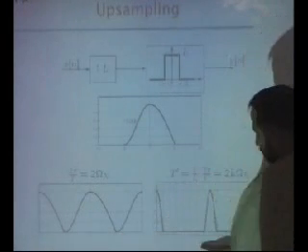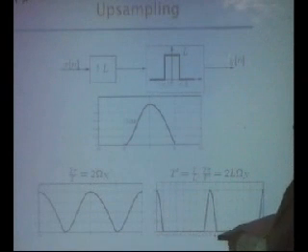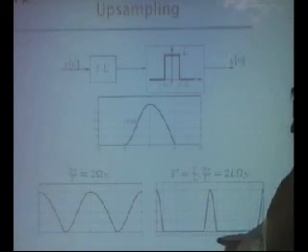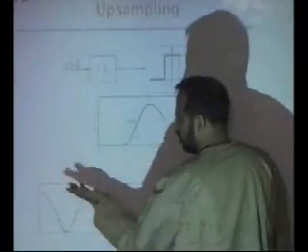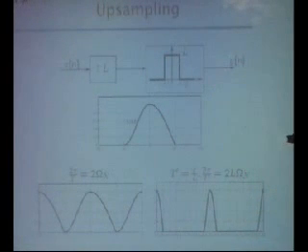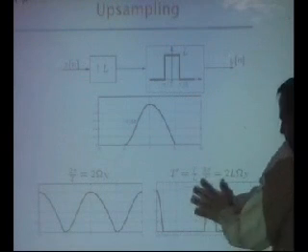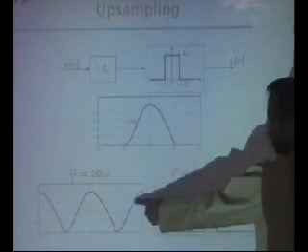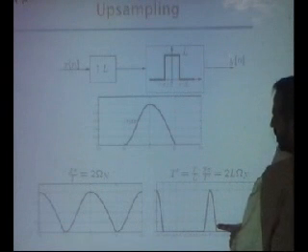This pi should go to pi by 4. This is minus pi by 4 to pi by 4. The magnitude should be from 2 to 8. So you want to multiply this by L. You want this to happen like this, so this should be changed like this.